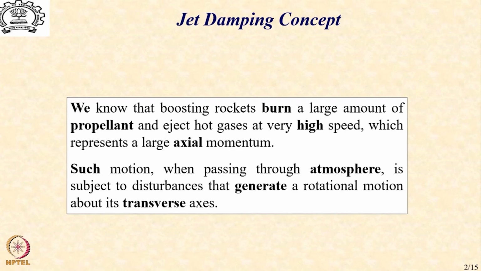This is due to the fact that a transverse disturbance in the form of a wind or a wind shear would generate a transverse moment about the axis, and under the action of such a moment the vehicle will rotate and acquire a rotational velocity.